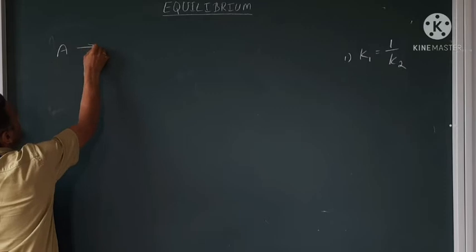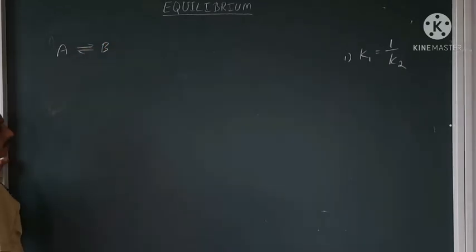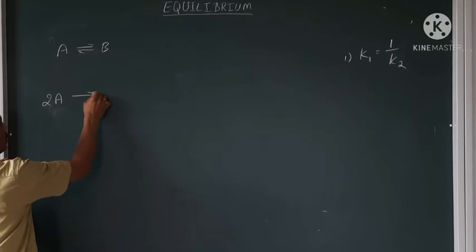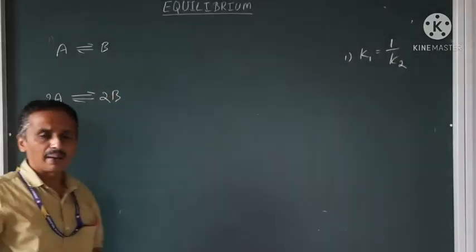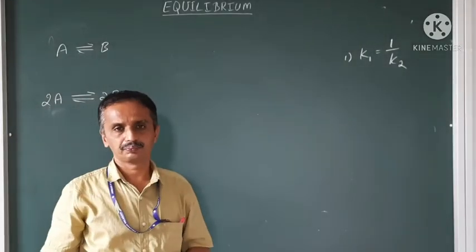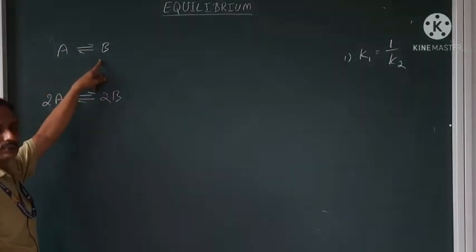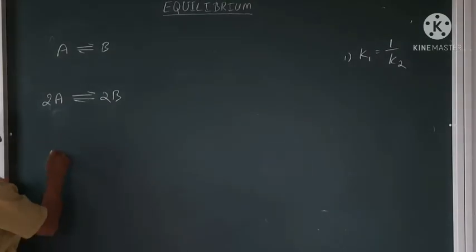A is in equilibrium with B. Now what I do is 2A in equilibrium with 2B. Means I am doubling it. Instead of 1 mole, I made 2 moles. Product also 1 mole, I made it 2 moles. Now how are they related?